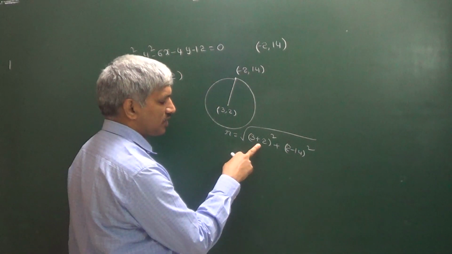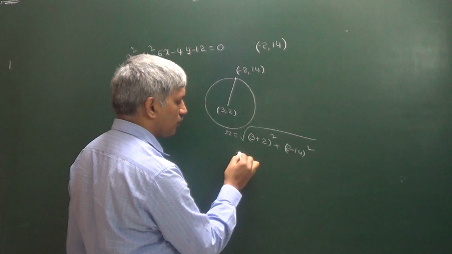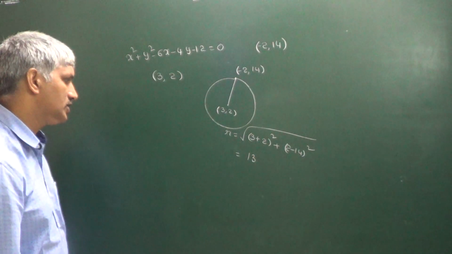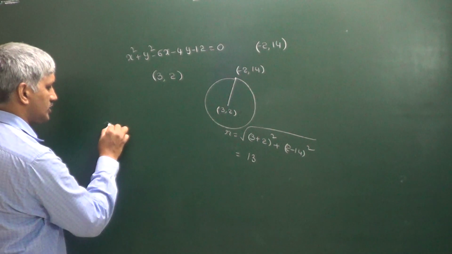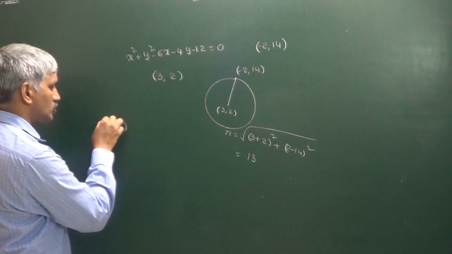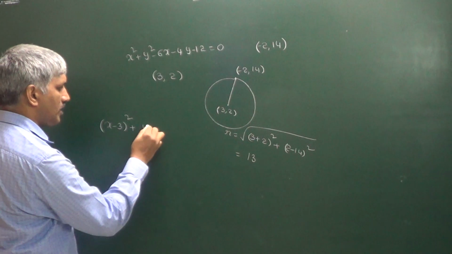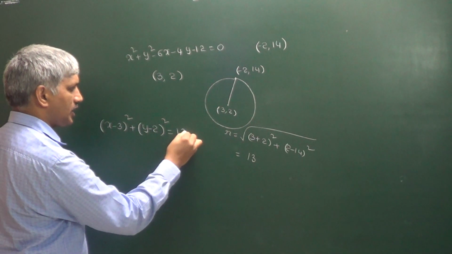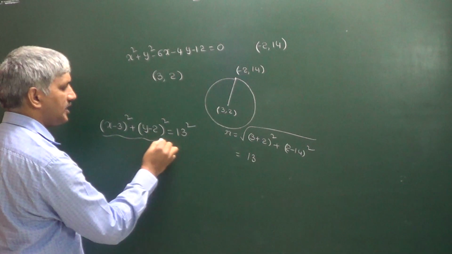That is 25 plus 144, so we get under root 169, which is 13. Now the equation of the circle is x minus 3 whole square plus y minus 2 whole square equal to 13 square. That is the required circle equation.